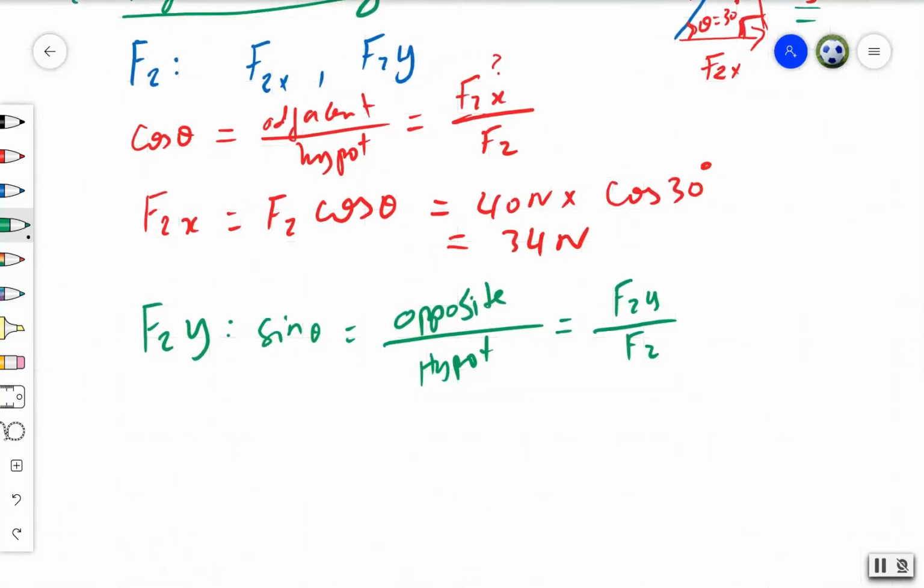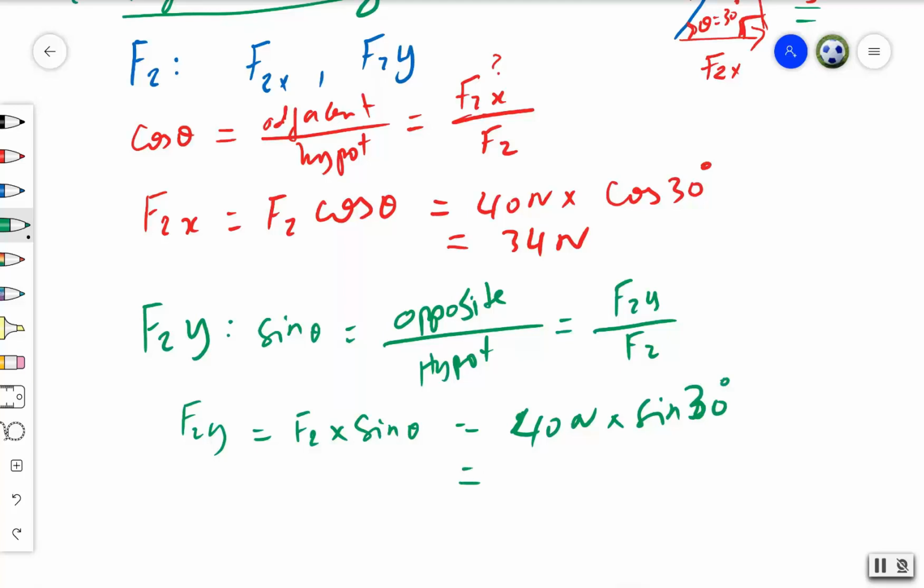Then F2y equals F2 times sine theta, because the hypotenuse is F2, which is 40 Newton times sine 30 degrees. And using your calculator, you can find F2y equals 20 Newton.